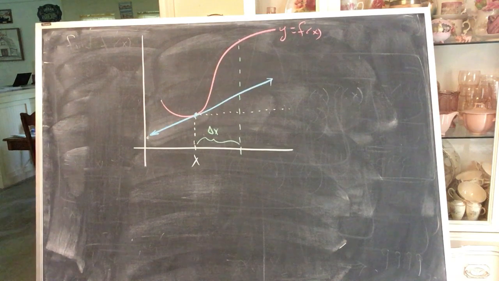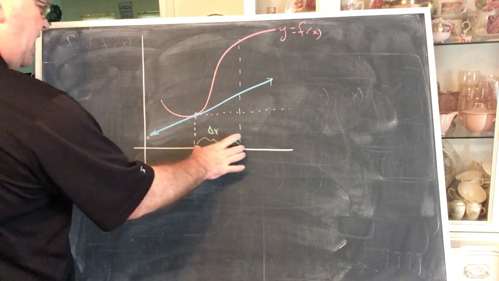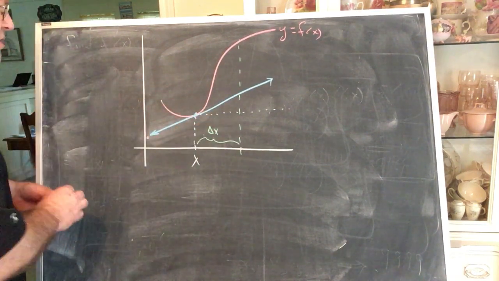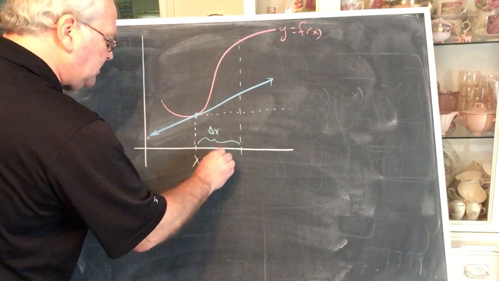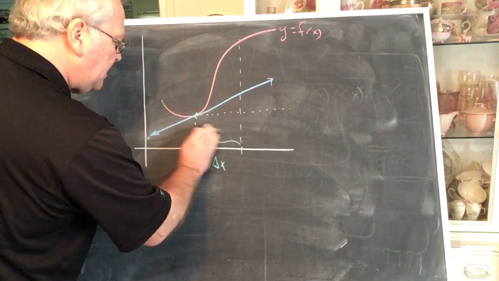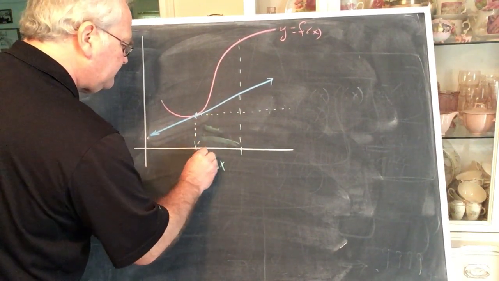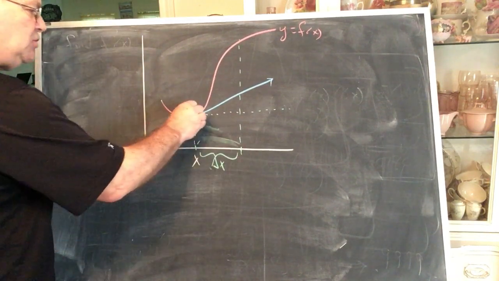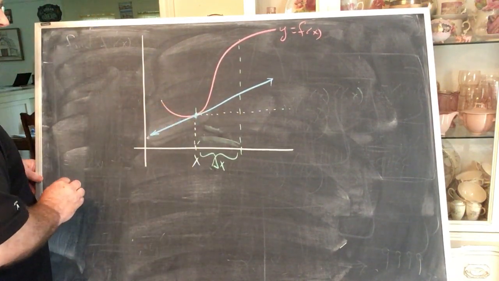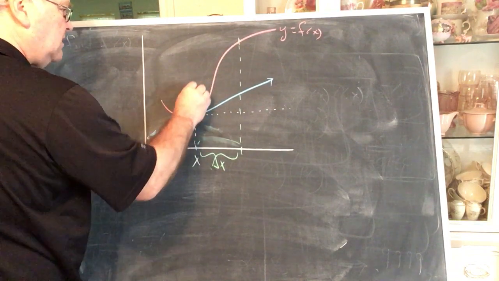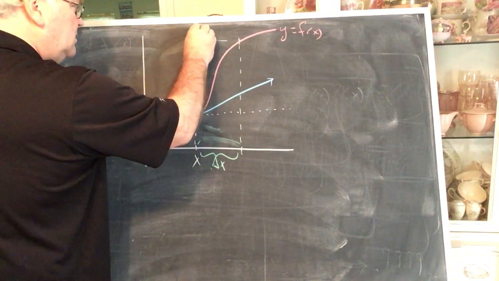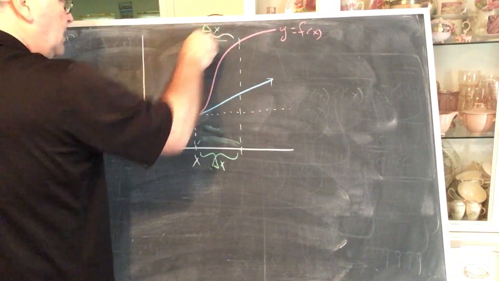Now what does delta x represent? It represents the change in x. If this distance is delta x, I'm going to erase this one, that distance is delta x. As you move from this point on the red curve to this point, that distance is delta x.